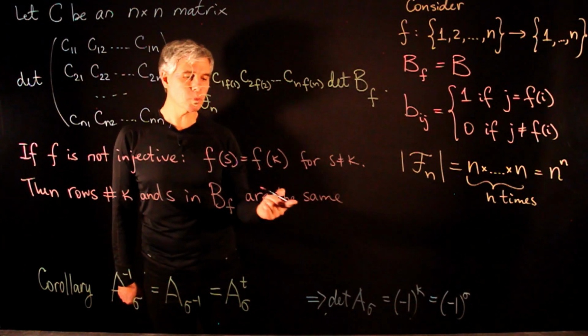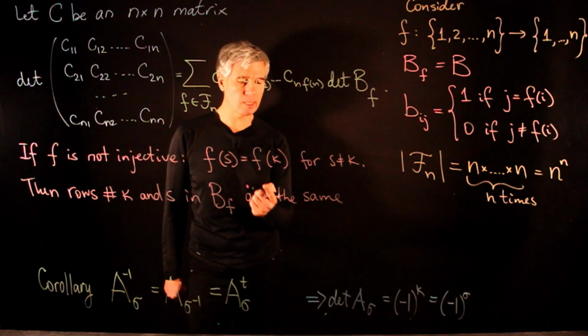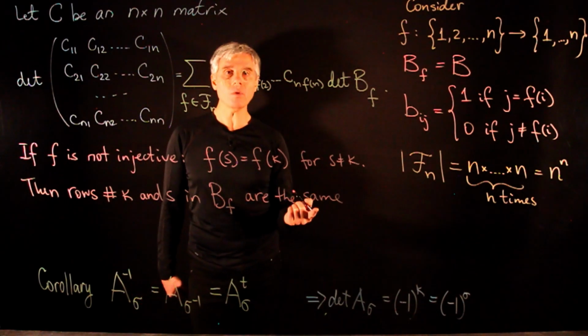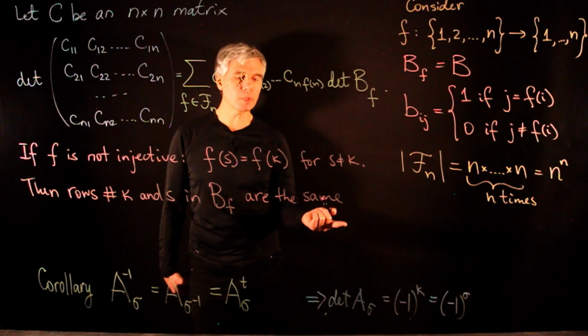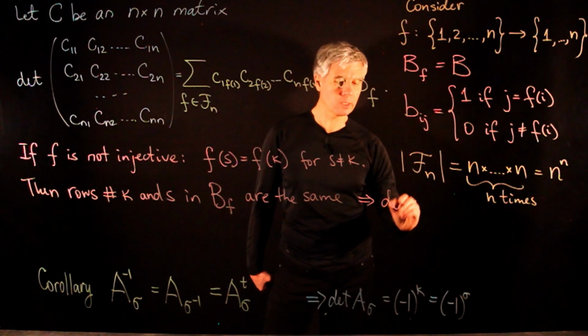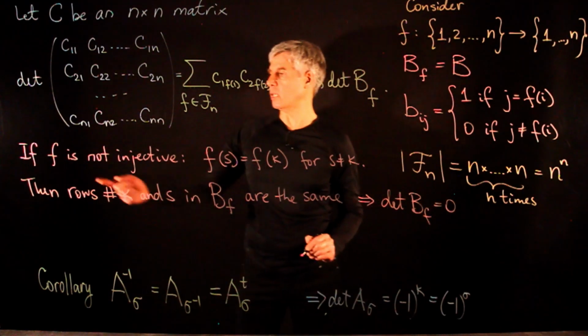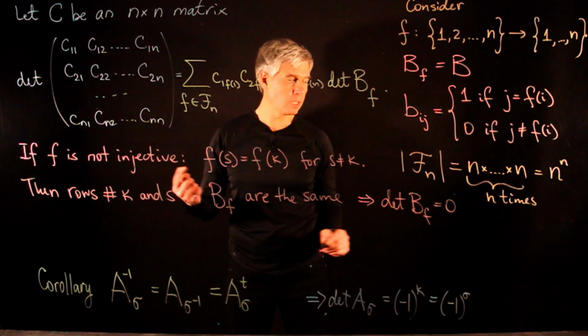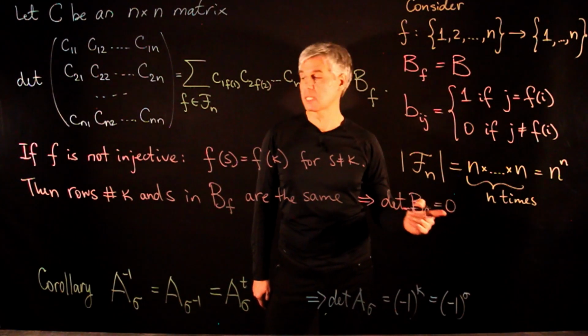So these two rows will have a single one in position f of s or f of k, which is the same thing. And we know that if a matrix has two equal rows, then its determinant is equal to 0. So from here, we conclude that the determinant of Bf is equal to 0. So if the function f is not injective, then the determinant of the corresponding matrix Bf is 0.